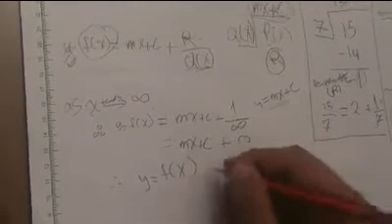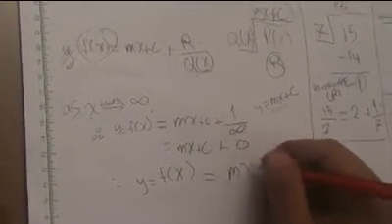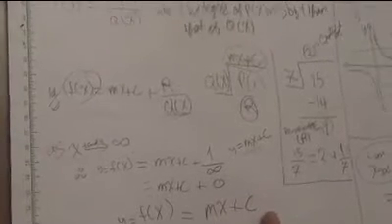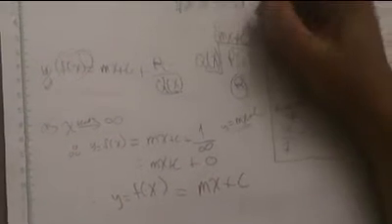Therefore y equals f of x equals mx plus c. Here we derive this. So we can say that the quotient is the function of the slant asymptote.